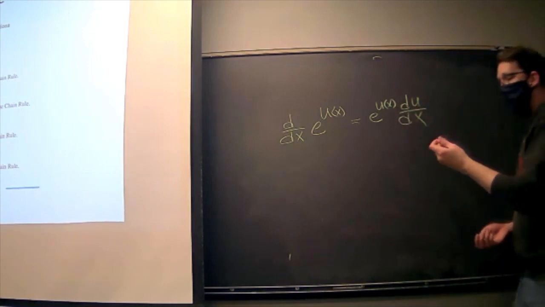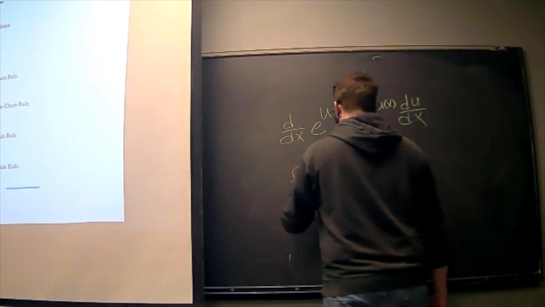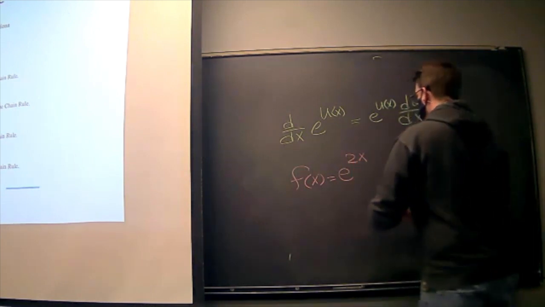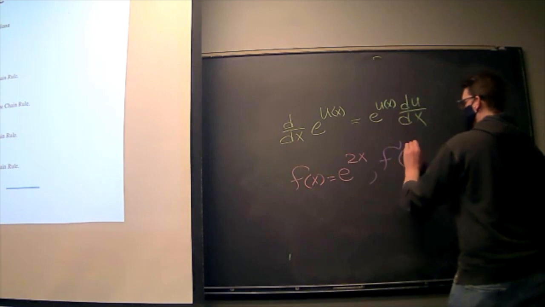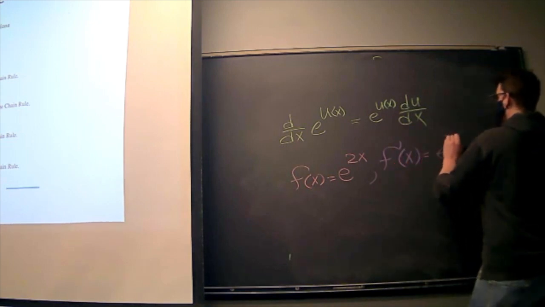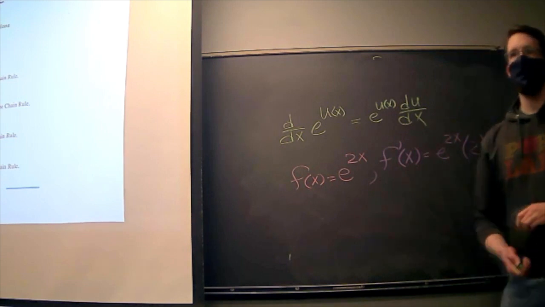So if our function is equal to e to the 2x, its derivative is going to be equal to e to the 2x times 2.